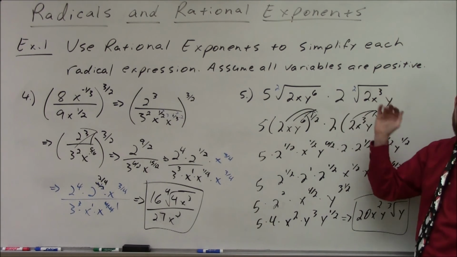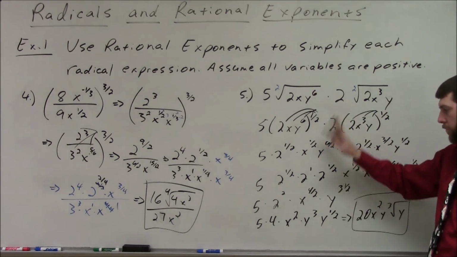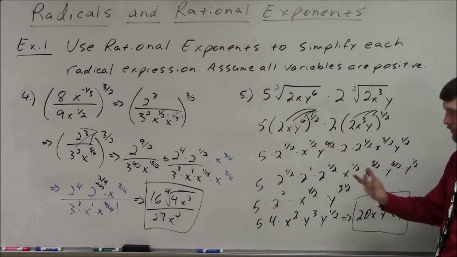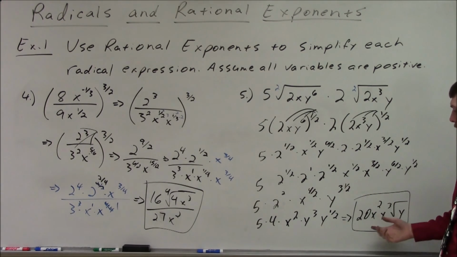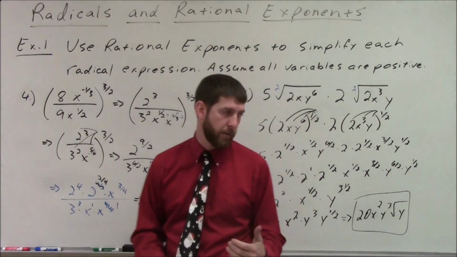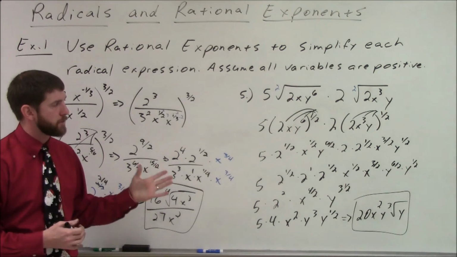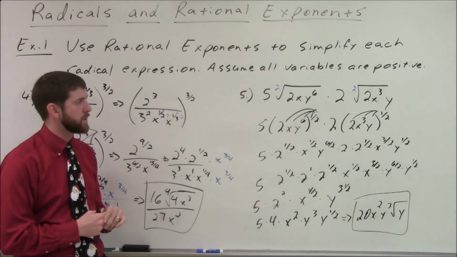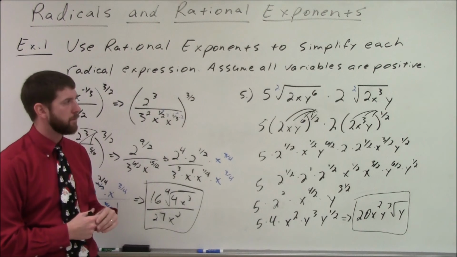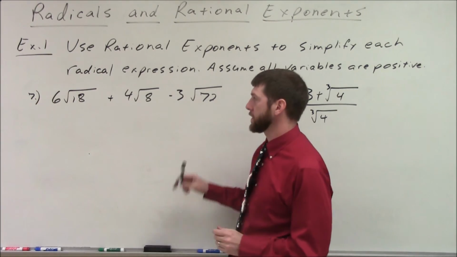Again, I can just use regular old simplifying radical techniques, but we're practicing rational exponents, so we'll use rational exponents at the moment to get from here to here. It's not the only way to do it, but this is just a new tool that we've got to be able to do it. Give me a couple seconds, I'll get some more examples of ways to combine radicals and rational exponent expressions together.